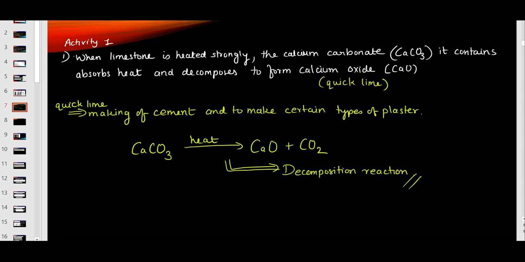Now in our further lectures, we will try to understand the meaning of decomposition reaction. There are some types of reactions which we will be learning later on. Right now, just try to understand that CaCO3 is going to decompose and form calcium oxide, and also release carbon dioxide gas with that.